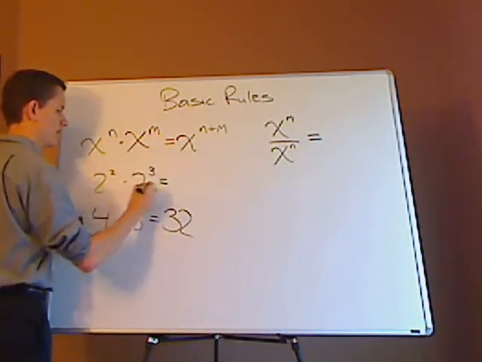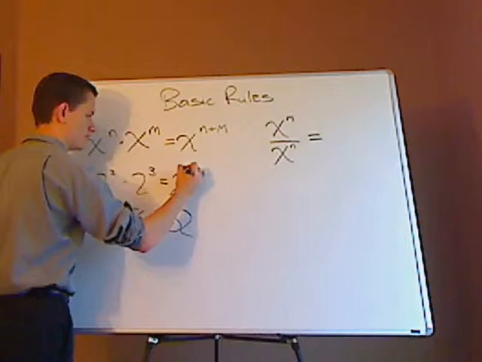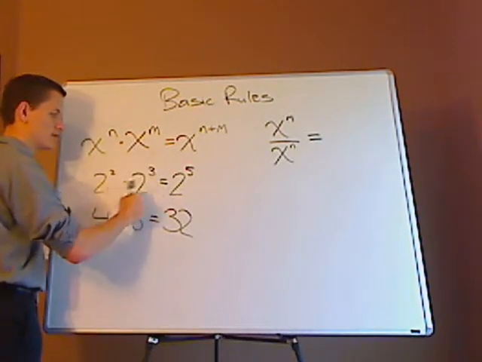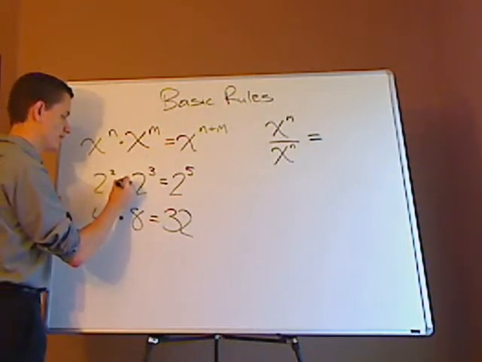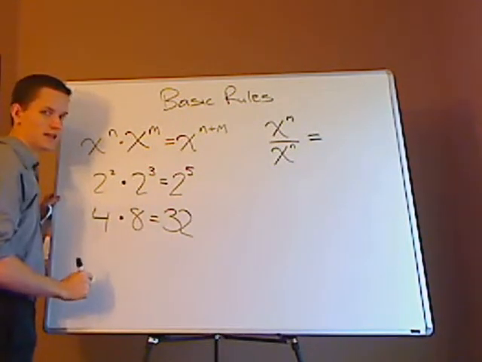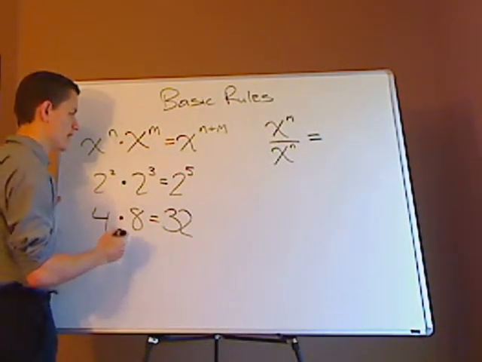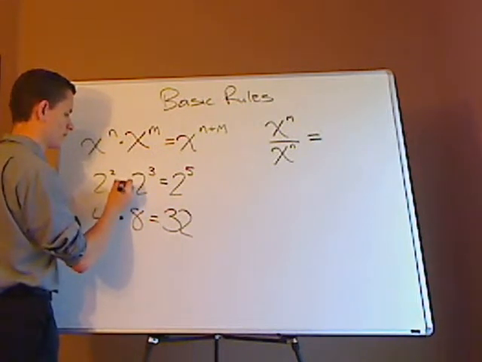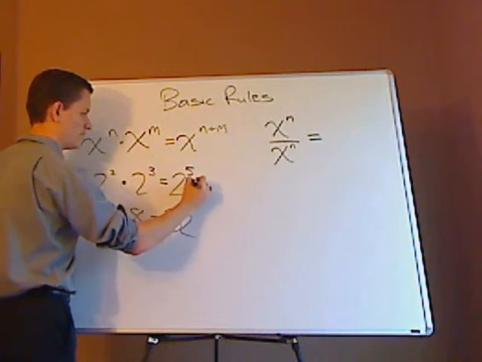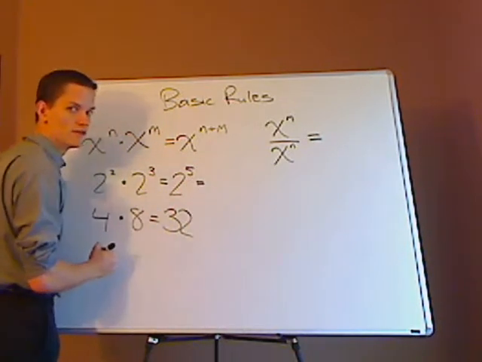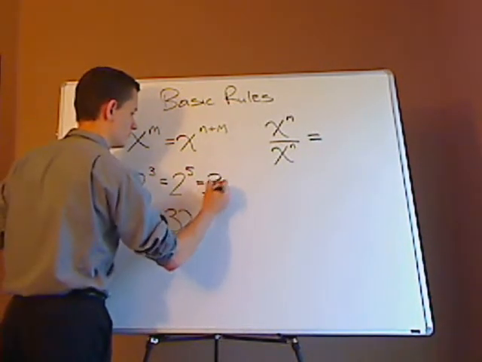Now let's apply this. This is 2 to the 5th, right? 2 plus 3, the base stays the same. And the base has to be the same when you're multiplying them. If not, you are not able to multiply them. You just leave them. So it's 2 raised to the 5th. What's 2 raised to the 5th? Yes, 32.